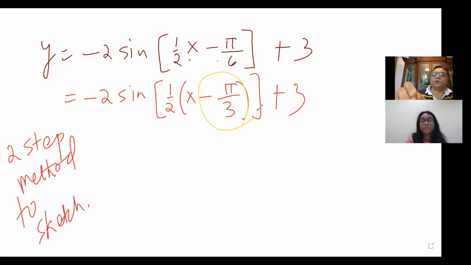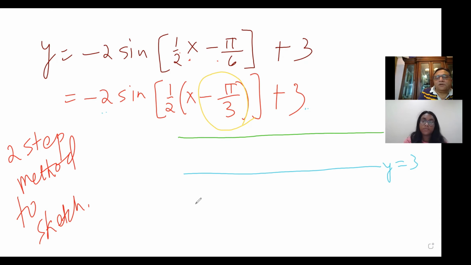Let me show you how I am going to do it. First thing first, we have the axis at 3, correct? y equals 3 is my axis, correct? Amplitude is 2. That means the maximum will be 2 units above it, correct? And the minimum will be 2 units below it, correct?